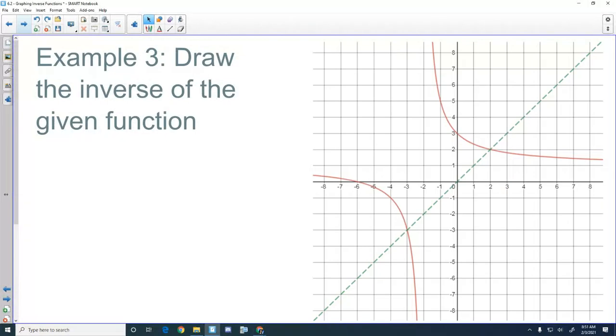Ooh, what is that? That graph is called a hyperbola. We get to learn about that next year.